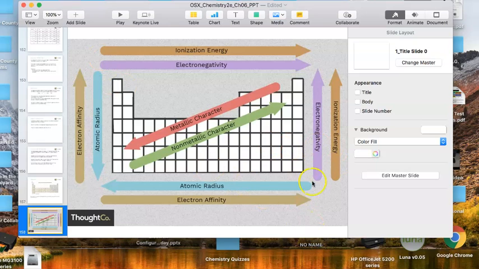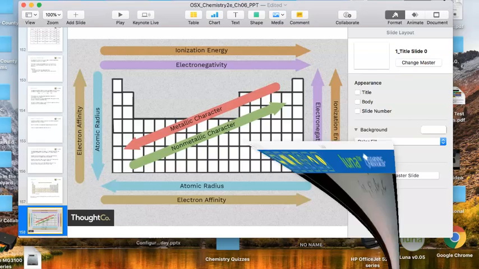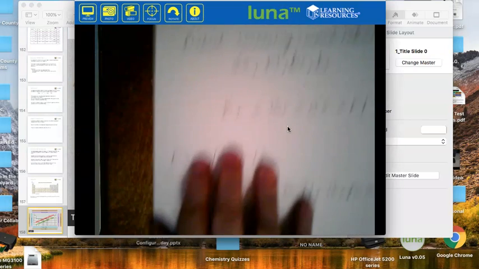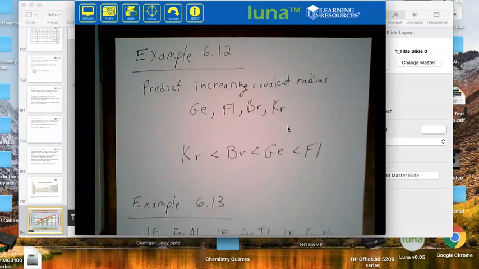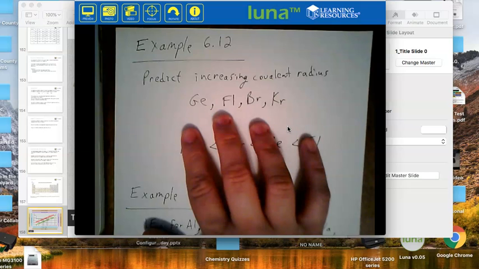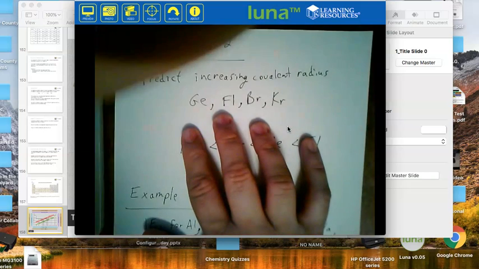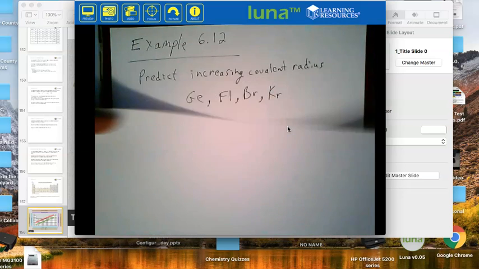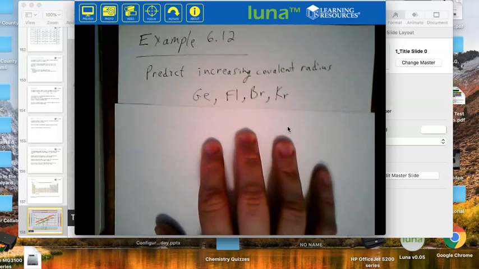Alright, so let's do a couple problems from the chapter. This is example 6.12 from your textbook. They're wanting us to predict the trend for the covalent radius, and so which one is the smallest, and then so on.